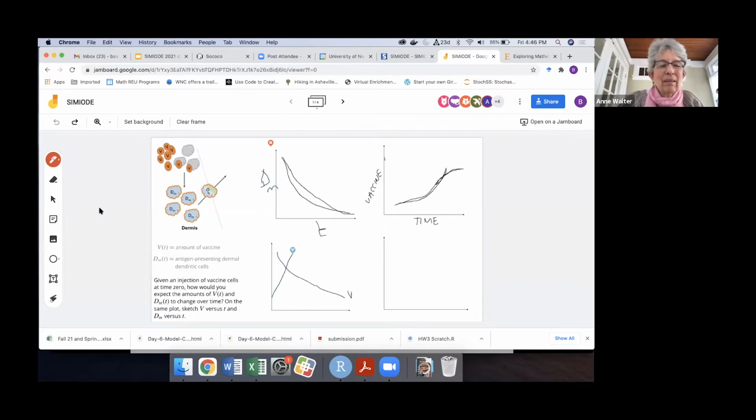Looking good. Oh, so there's a big question. Are we going to get a plateau or are things going to go up and down?